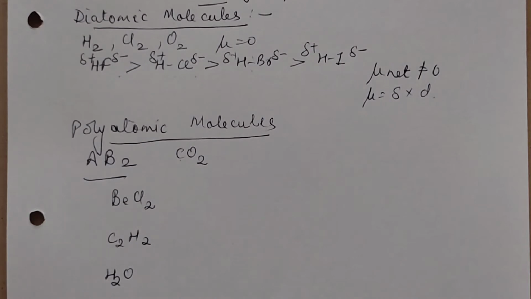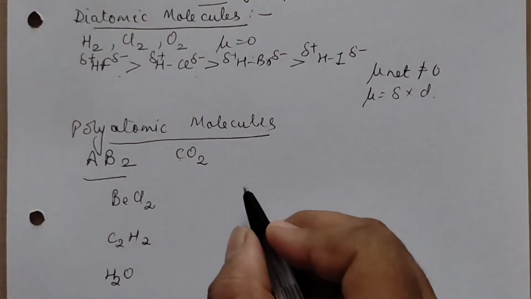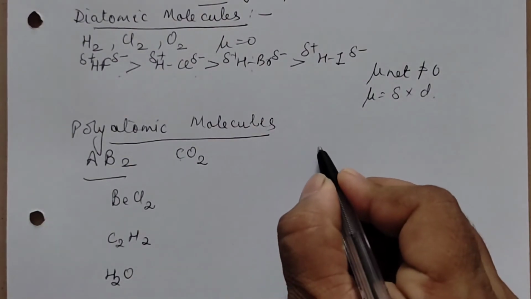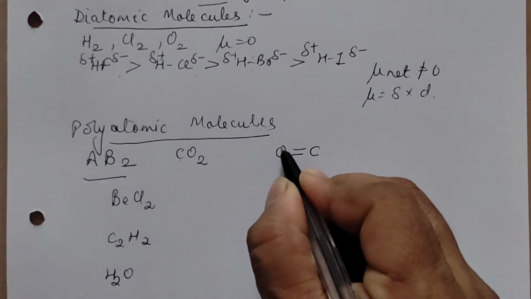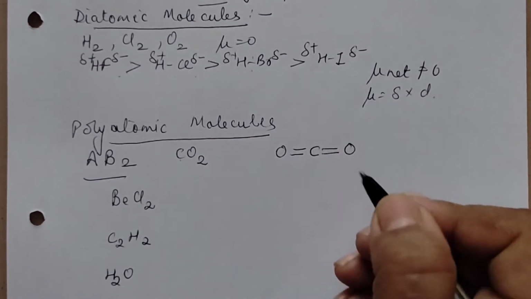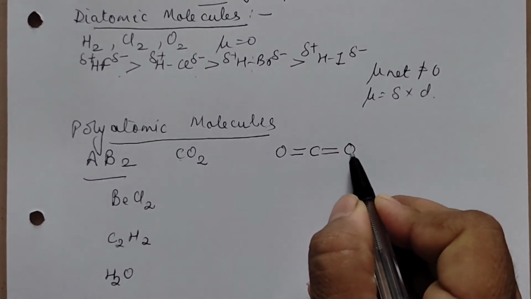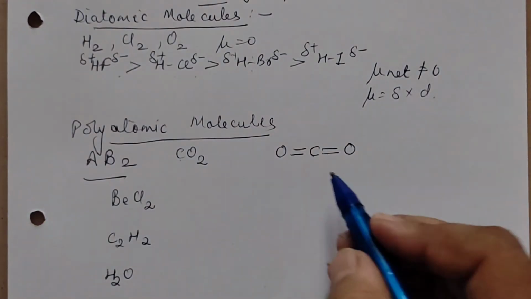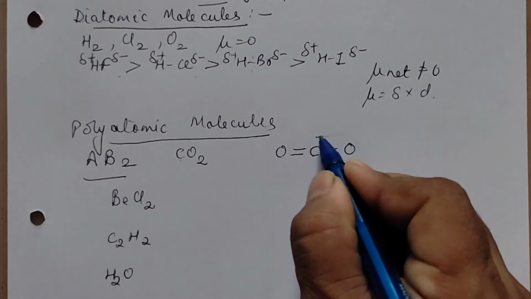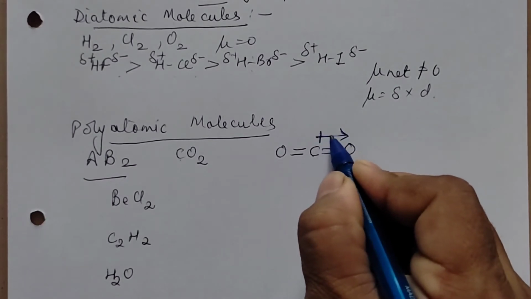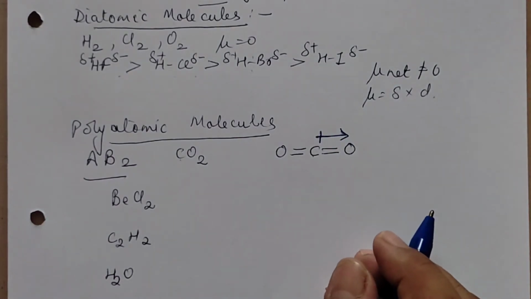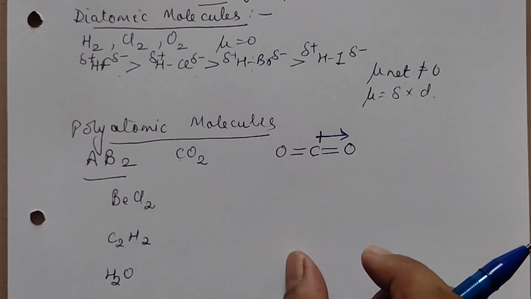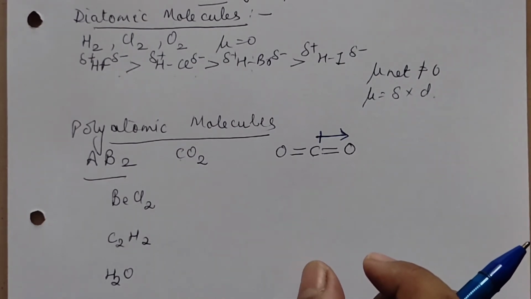We should also be knowing the structure of the molecule, that will help us in calculating the dipole moment. Now we know carbon dioxide is a linear molecule, so we will draw the linear molecule. Oxygen is more electronegative than carbon, so the bond dipole moment will be towards the right hand side. Each bond has its dipole moment, and the overall molecule's dipole moment has to be calculated.